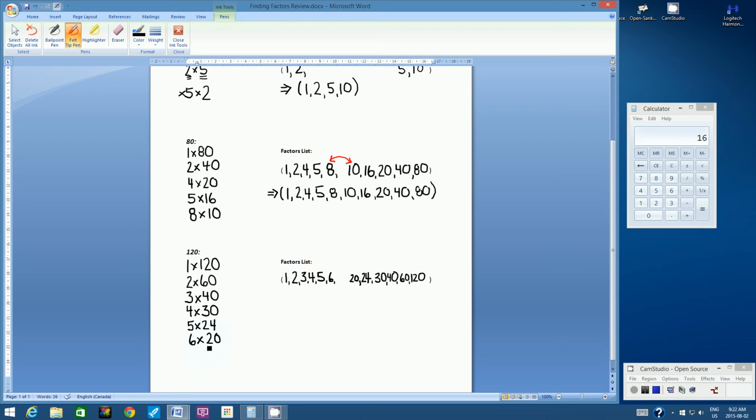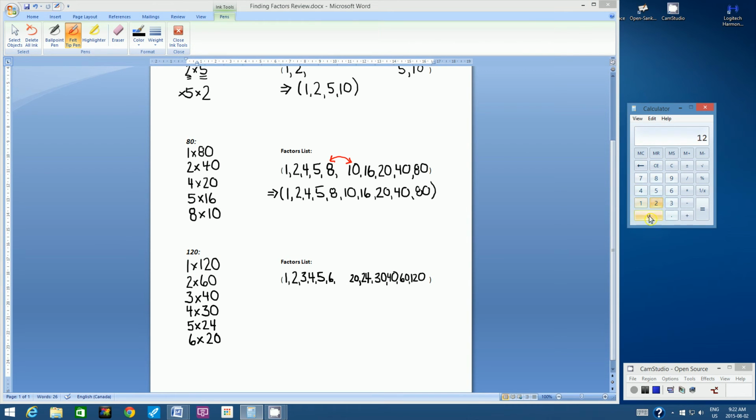All right, so what's the next factor after 6? Does 7 divide evenly into 120? We never really had a divisibility rule for 7, so that's something that you can just check on your calculator. 120 divided by 7, and if you get a decimal answer, you know that it is not a factor. So how about 8? We never really had a divisibility rule for the number 8.